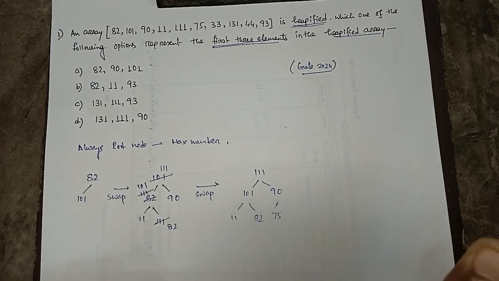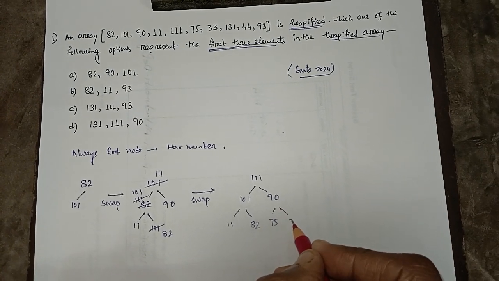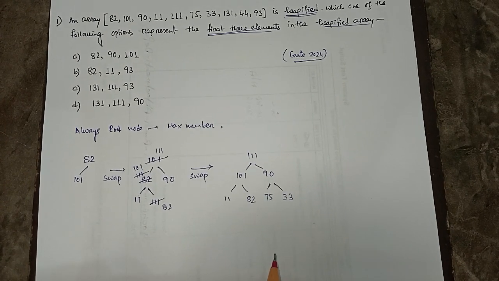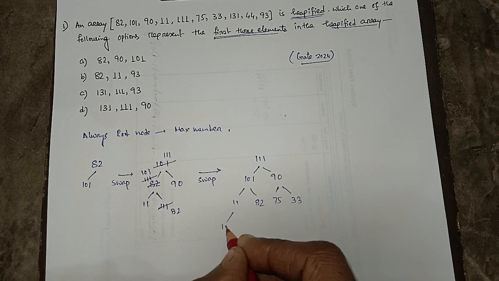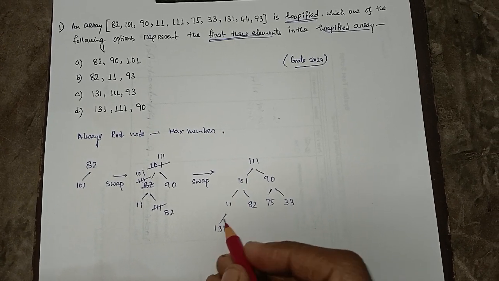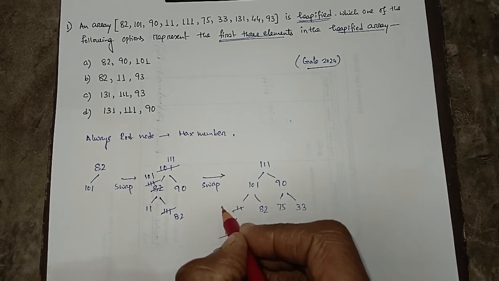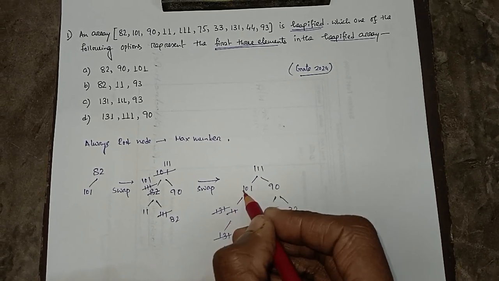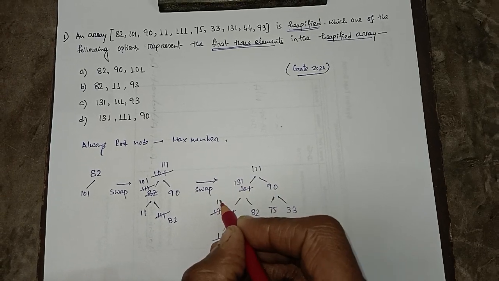75 is smaller than 90, so nothing happens. Then 33 is also smaller than 90, so nothing happens. Then we insert 131. 131 is larger than 11, so swapping happens. 131 and 101, 131 is larger, so swapping happens.